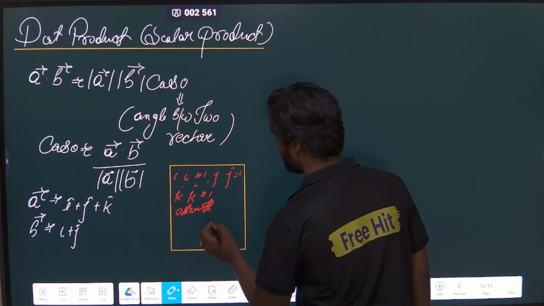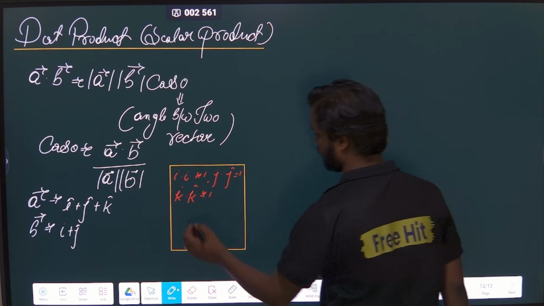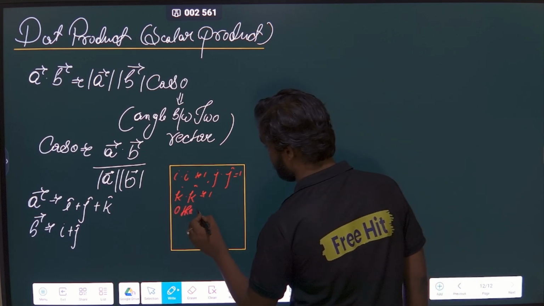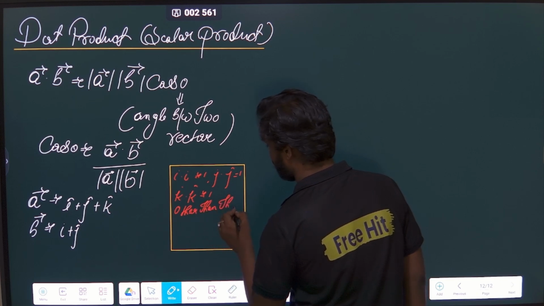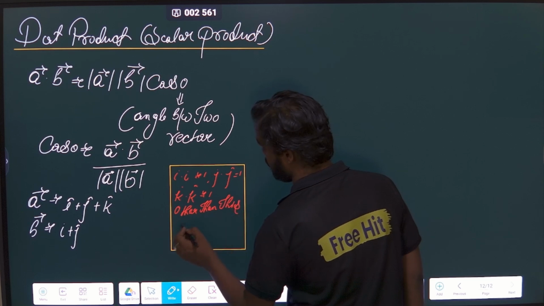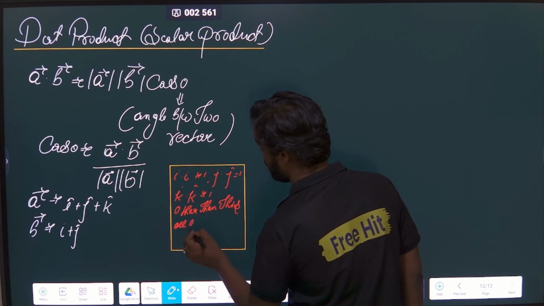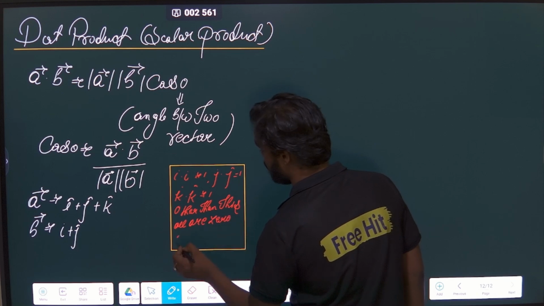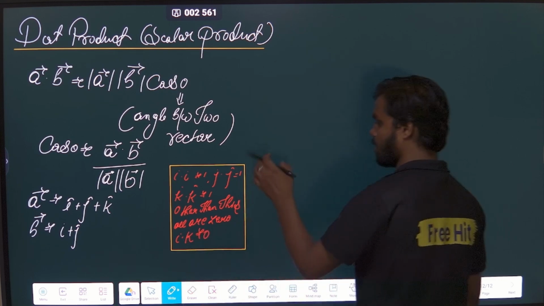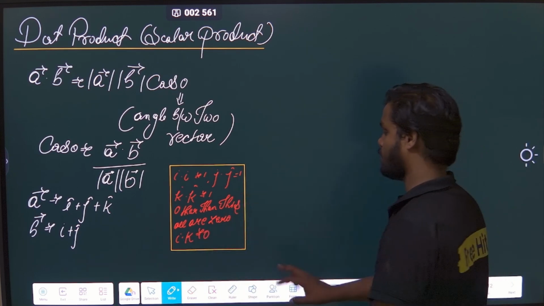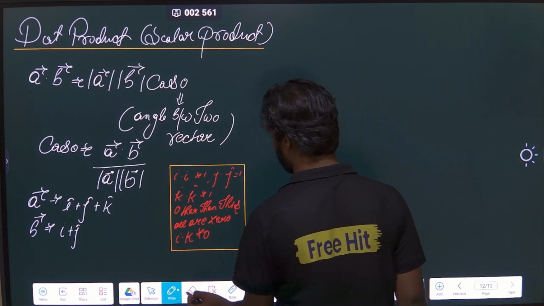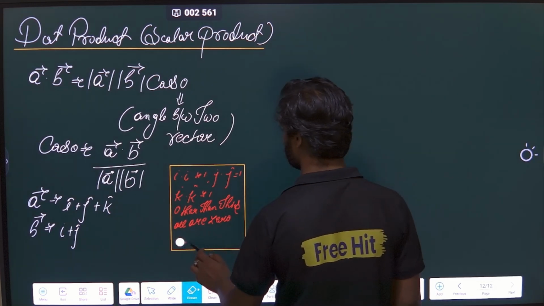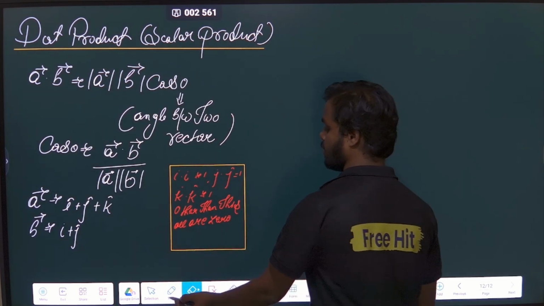Remember, suppose i dot k, that will be 0. Means other than this, any combination you take is 0. I am not writing every combination; you can understand that any combination you make will be 0.